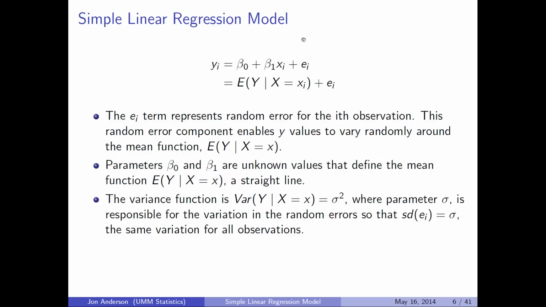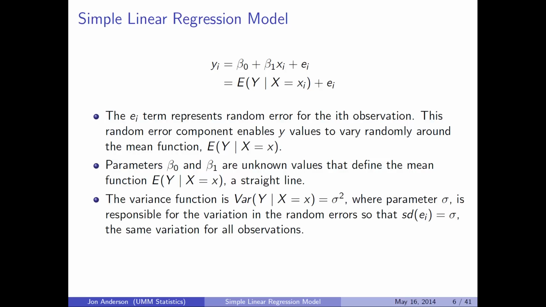What we're saying at the top mathematically is that the y value is related to a mean function plus some random error around that mean function, and the mean function is the equation of a straight line. Beta 0 controls the intercept of the data creation mean function. The beta 1 parameter controls the rate of change, or the slope, between y and x in the data creation system.